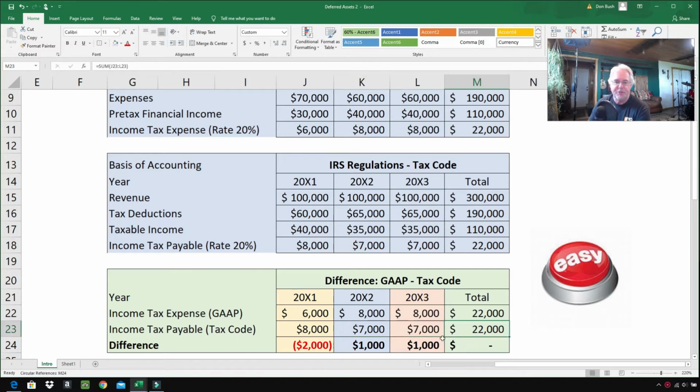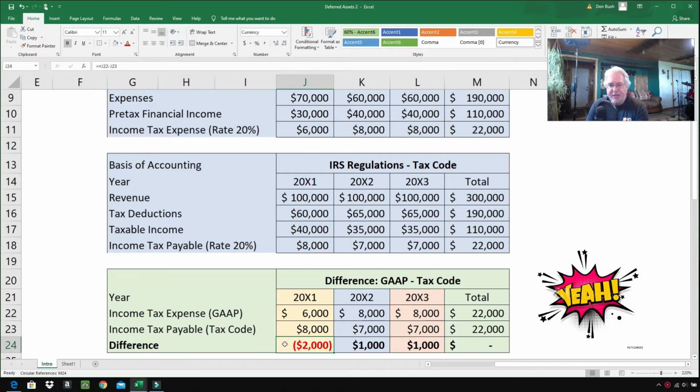So here's what's going on, folks, is that the income tax expense for 2001 was $6,000, the income tax payable is $8,000, which means that in a sense they're prepaying their taxes by $2,000. They're paying their taxes in advance, which means in future years they won't have to pay as much tax. This is called a temporary tax difference.